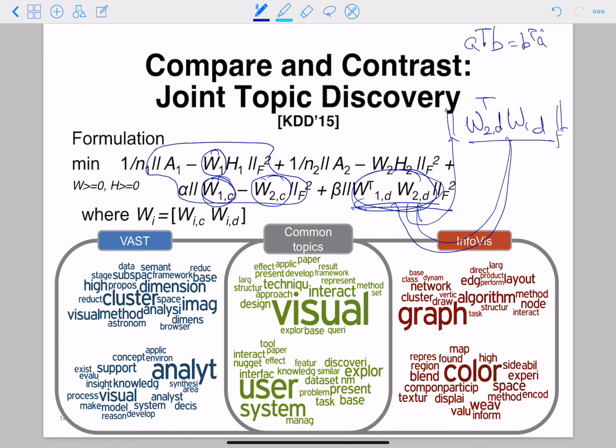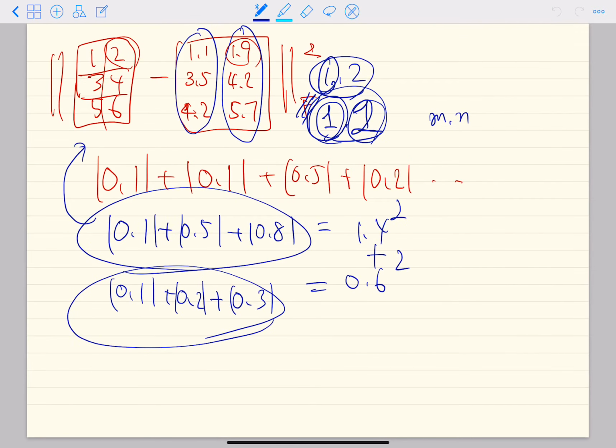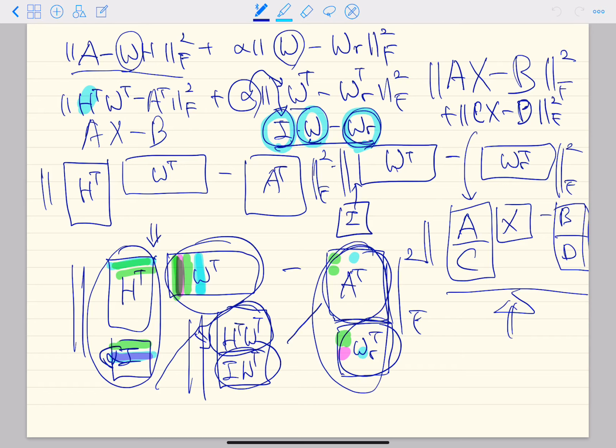So we can easily switch them, and that's why I was able to rewrite this part into this transpose version, right? So A minus WH, we can freely change the order, and then we just apply the transpose on this representation to obtain this, right?